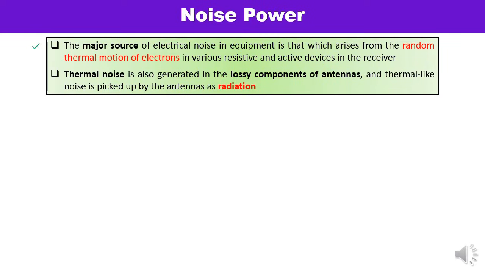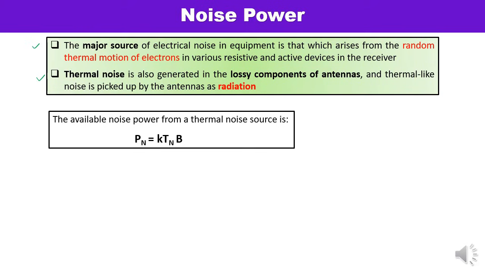Thermal noise is also generated in the lossy components of the antennas, and thermal-like noise can be picked up by the antennas as radiation. So noise is going to impact the signal quality a lot, especially in satellite communication.